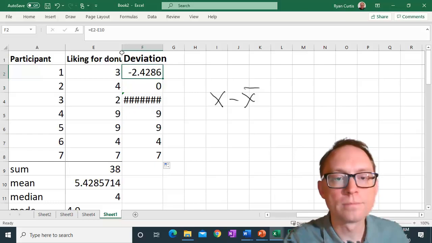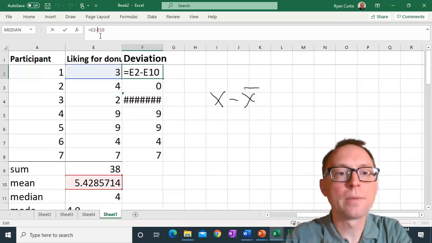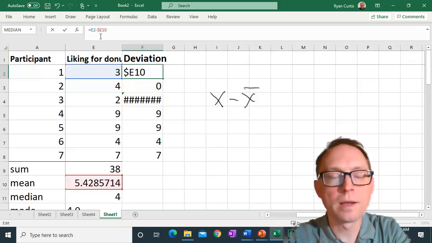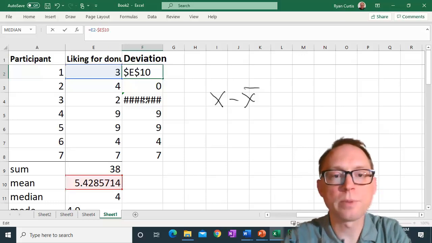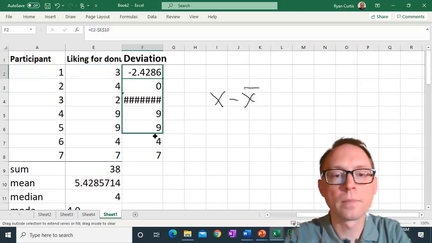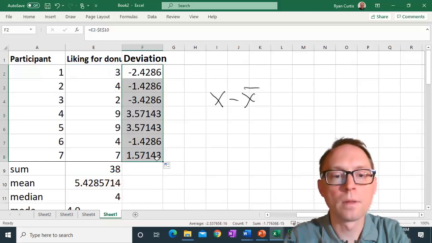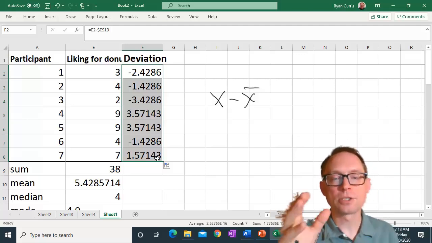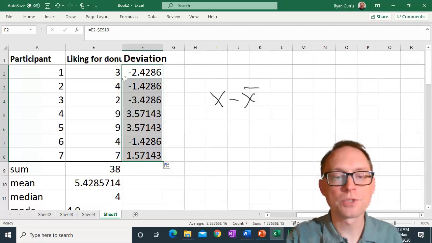I need to make sure it stays in the same spot. There we go. When you pull something down like that in Excel, it'll do it for this one, but it'll also change the mean unless you put those dollar signs in there.